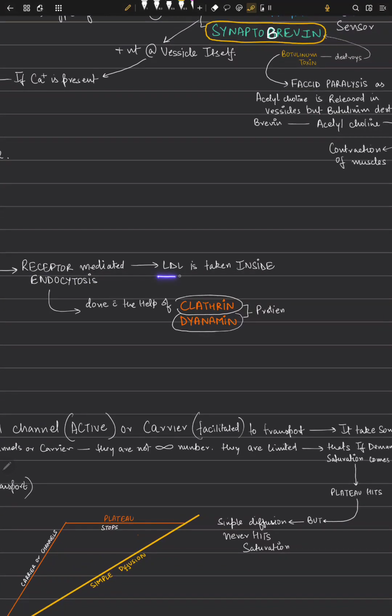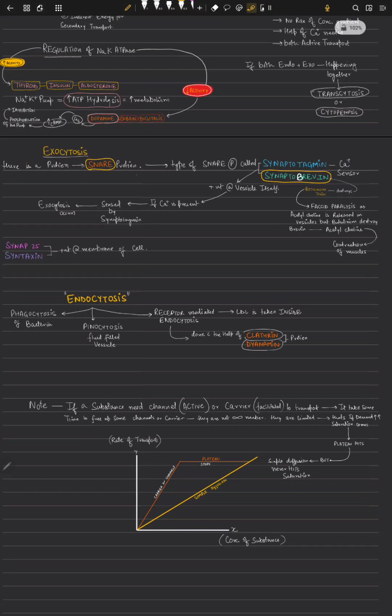What is it? LDL is taken inside. How? Via receptor mediated endocytosis. It's done with the help of clathrin and dynamin. Okay, clathrin. Okay, these two proteins are needed to take LDL inside. Okay, it's done via receptor mediated endocytosis.